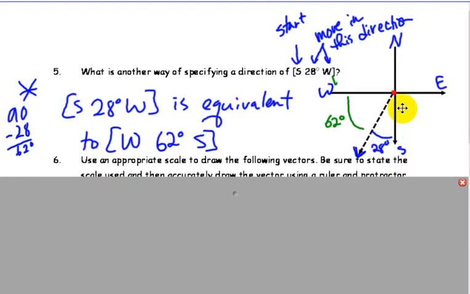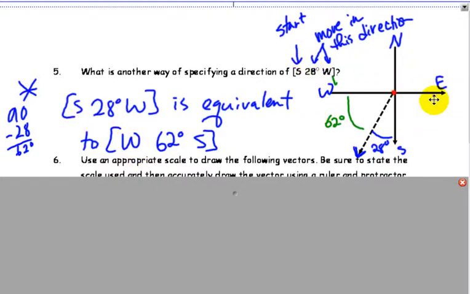If you were to sketch that, it would look something like this. The arrow starts straight south, its tail is attached to the origin, and you move it 28 degrees in the west direction. So that is how that's illustrated.